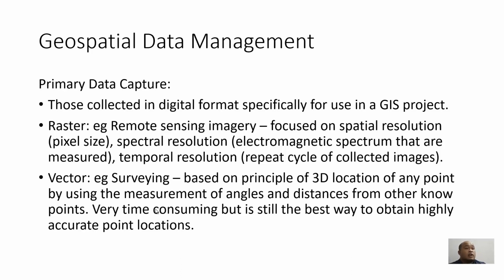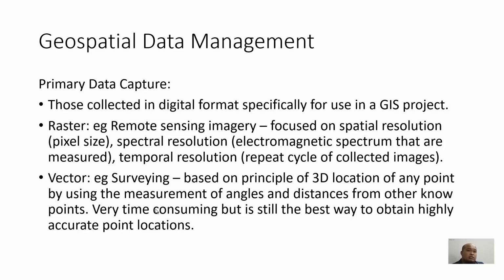So the primary digital format of raster is the remote sensing imagery, which focuses on spatial resolution, which is the pixel size, spectral resolution, which is the electromagnetic spectrum that is measured, and the third one is the temporal resolution, the repeat cycle of the collected images. So imagine remote sensing is a space vehicle floating in space, right?